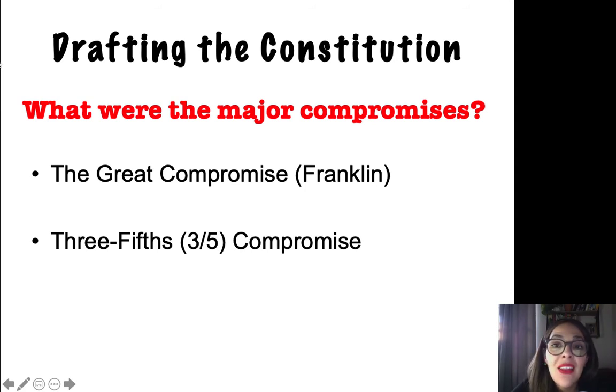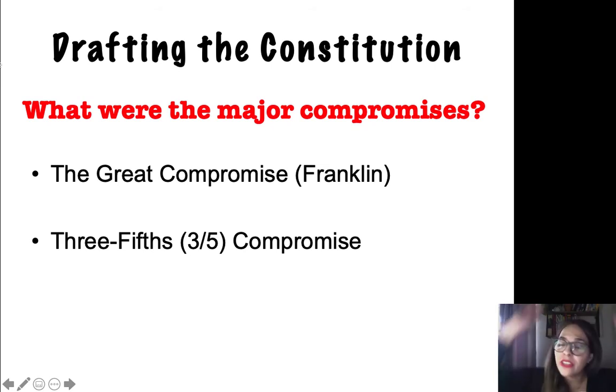And now that they've agreed, okay, so we're going to count everybody, right? Some northern states are going, whoa, wait a minute. What do you mean we're going to count everybody? And southern states are going, yeah, well, if we're going to base it on population, we want to count our slaves. And some people are immediately, right?